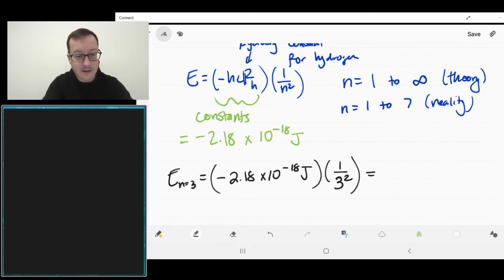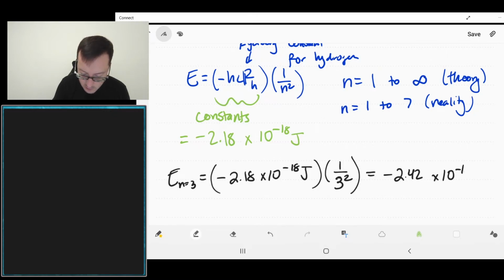Negative 2.18 times 10 to the negative 18 times 1 over 9. We get negative 2.42 times 10 to the negative 19. So totally, this is normal to have a negative number.